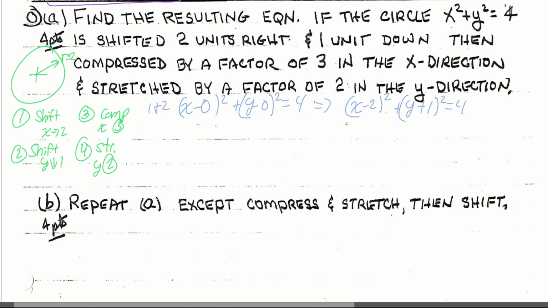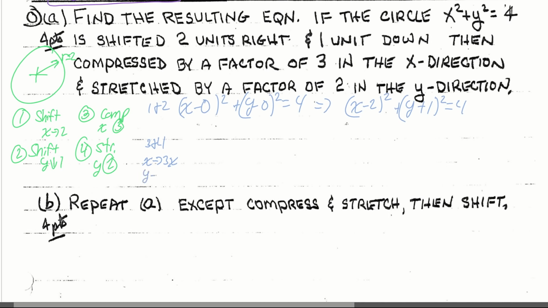We can do them together because x and y are independent of each other. And then we can do step 3 and 4 together as well because, again, x and y are independent of each other. For compression, we increase our coefficient. So the coefficient of x will go from x to 3x, and then for stretching, we decrease our coefficient.